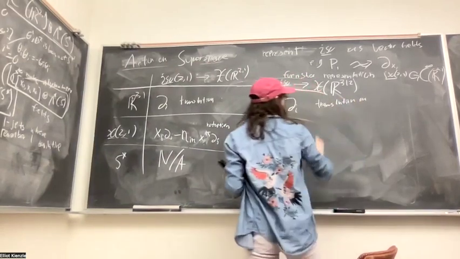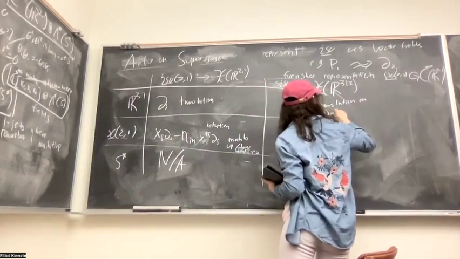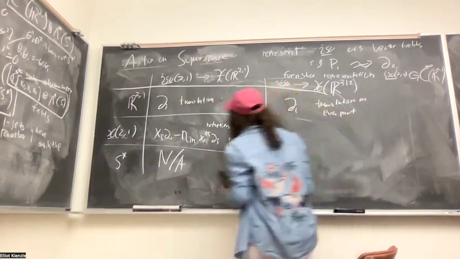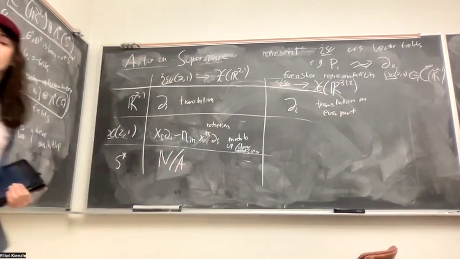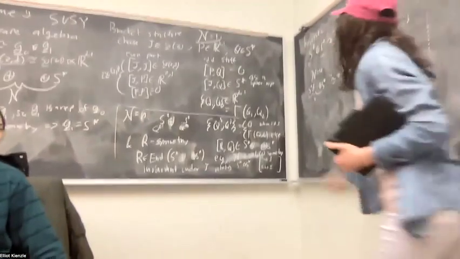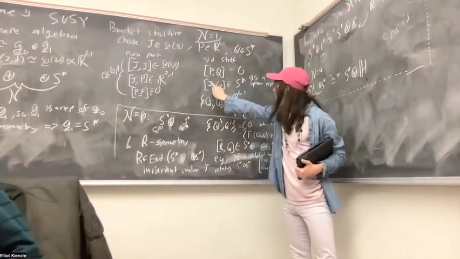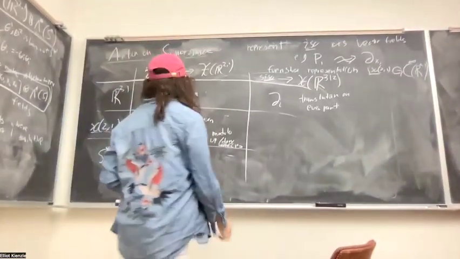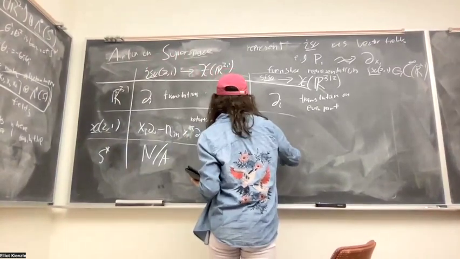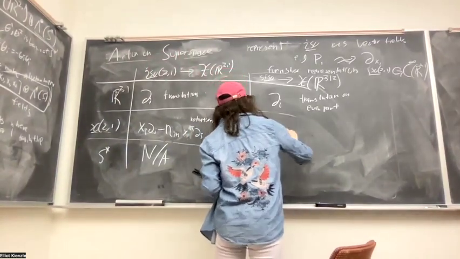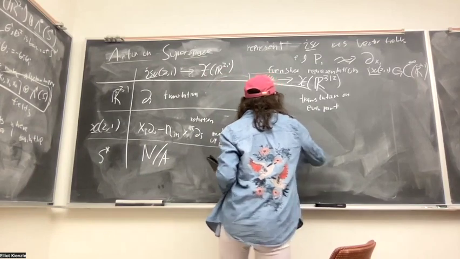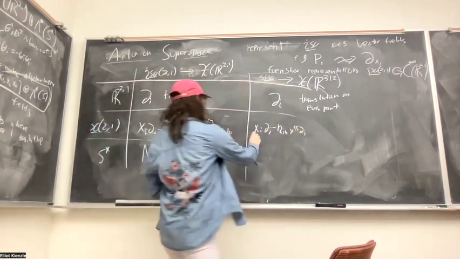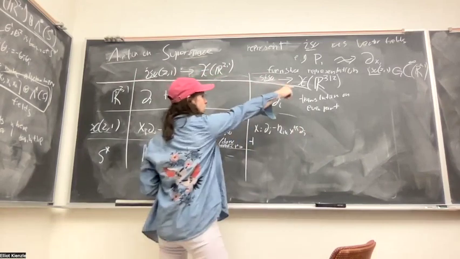So it's translation on the even part. But, just for the folks at home, translation doesn't affect the supersymmetry. Rotation does, though. So I can write it as follows. I keep the same description as before: xi partial j minus eta_{ik} x^k partial j, plus a rotation on this guy.